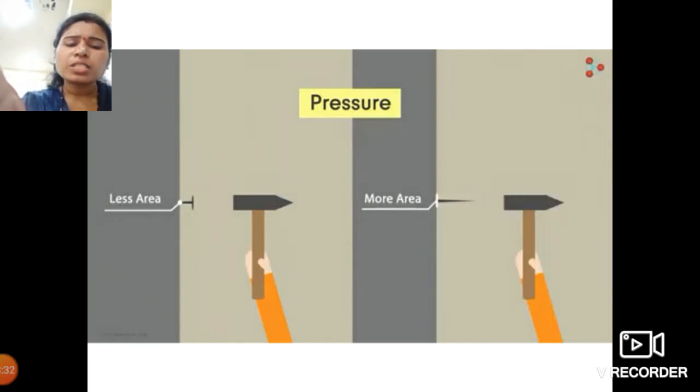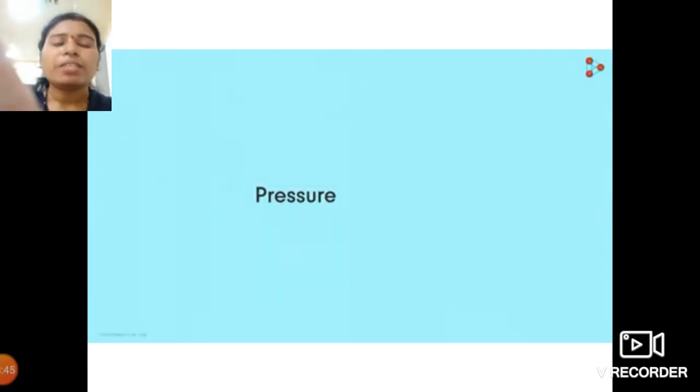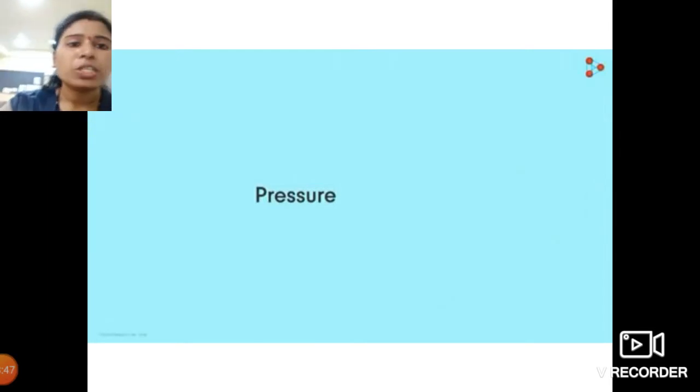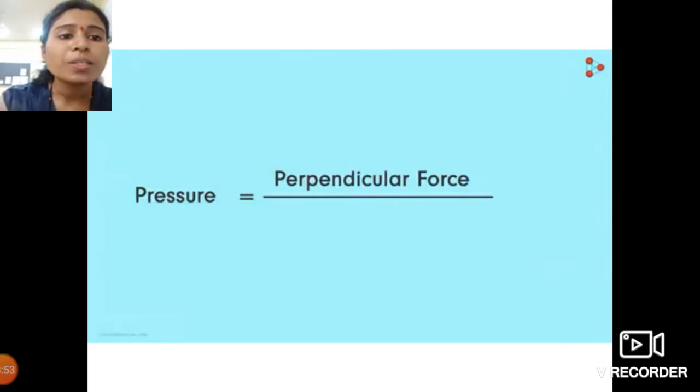So we will learn this in detail, but first let us define what pressure is. Okay students, from this activity we can define that pressure is the perpendicular force acting on the surface of an object per unit area on which it is acting.